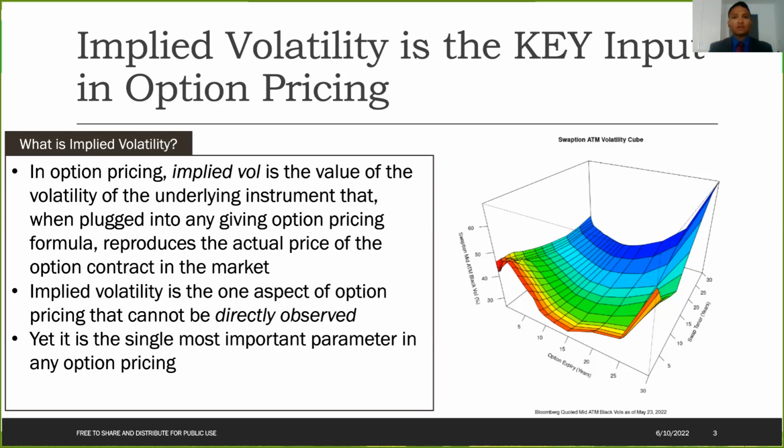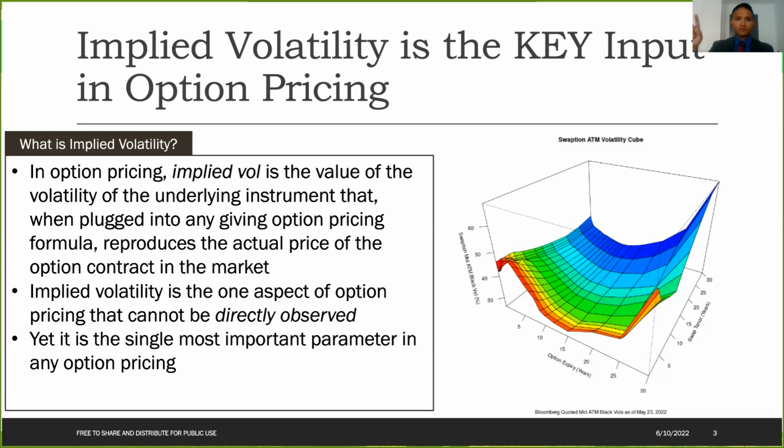Everything else you can observe in the market: the risk-free rate of interest, the strike price, the forward price, the dividend yield on the stock, which you can approximate using a continuous value, and so on. Everything else is observable, except for implied volatility.